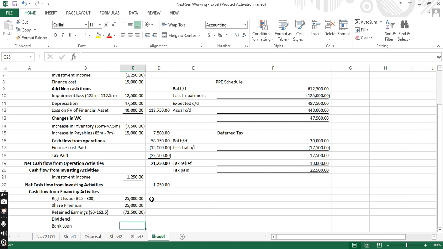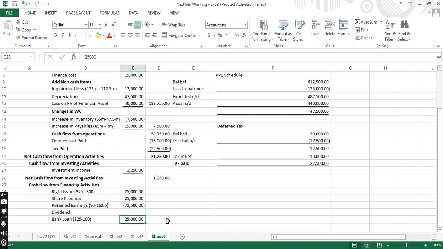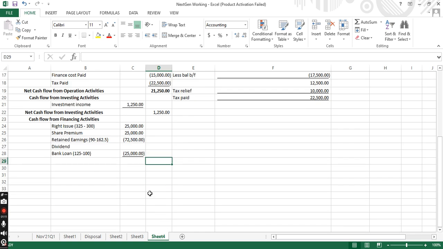So what's the difference? 25,000. 125 minus 100. So we have 25,000. What else do we have? If our account is balanced, that means we'll move on, or that means there is nothing like dividend.